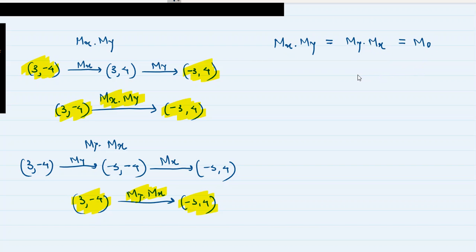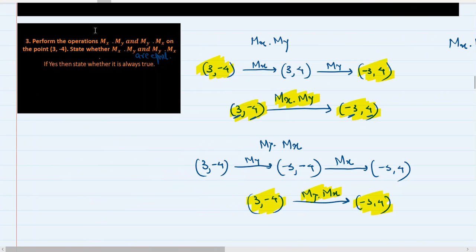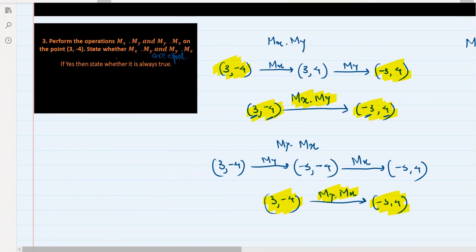Mo is reflection under origin. Why do you think it's reflection under origin? Because you see, the sign of x coordinate has changed, the sign of y coordinate has also changed. The same thing has happened in both the cases. So mx dot my and my dot mx will always be equal, and which will be equal to mo, that is reflection under origin. Okay, so that is the case.